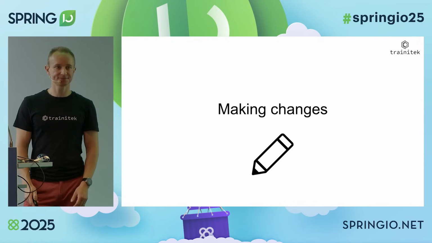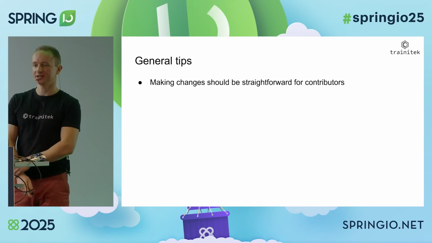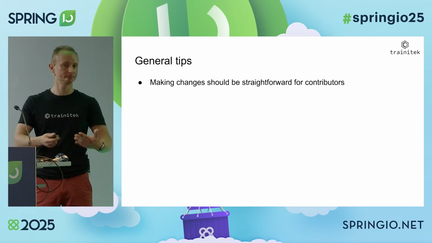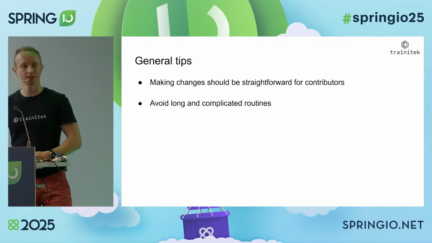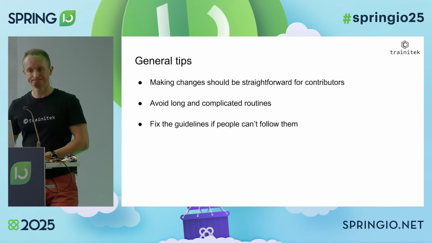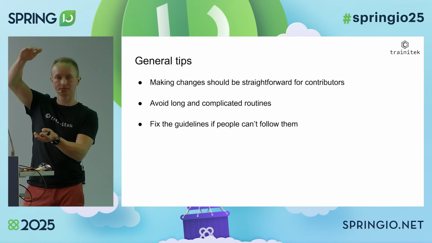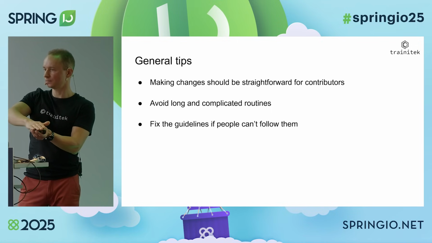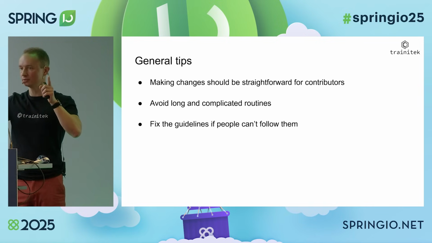Next one, making changes. What if we need to make changes in our library? First of all, making changes should be straightforward for contributors. Usually we want to attract contributors and not work alone on our libraries, which means that if you have 20 or 25 steps for doing a release of your shared libraries, this is the perfect way to work on the shared library alone.